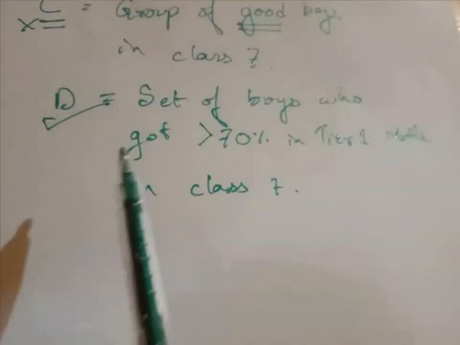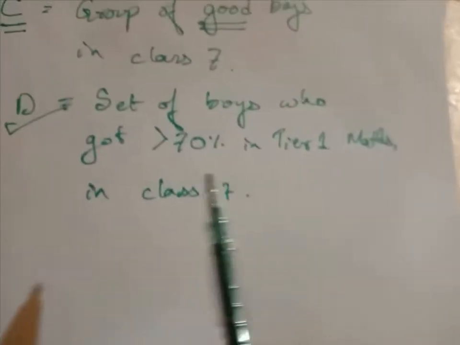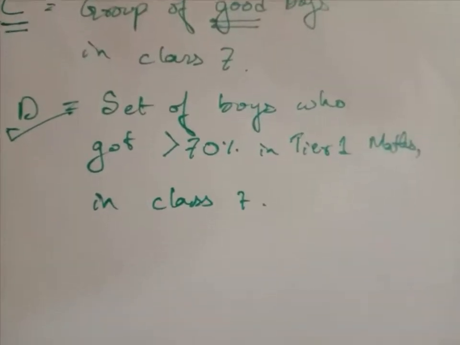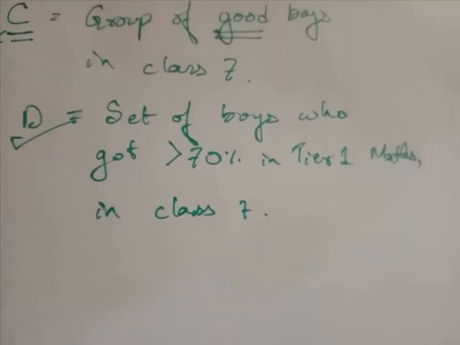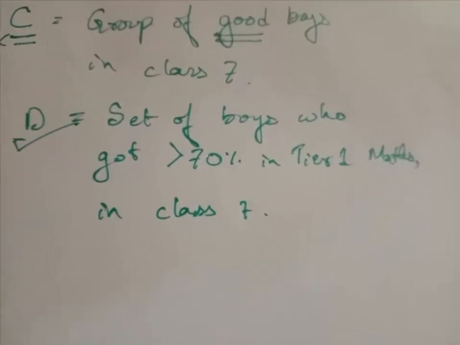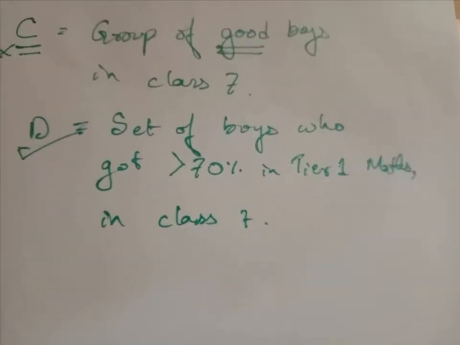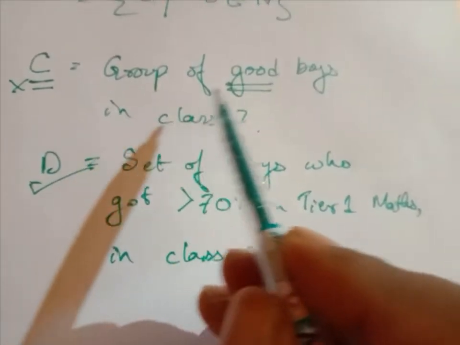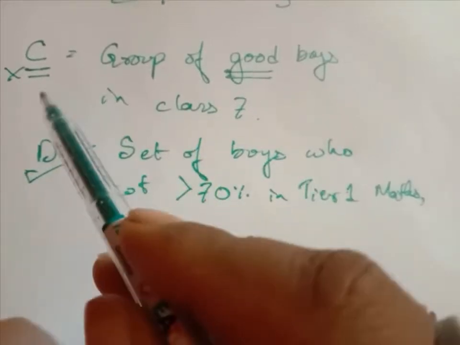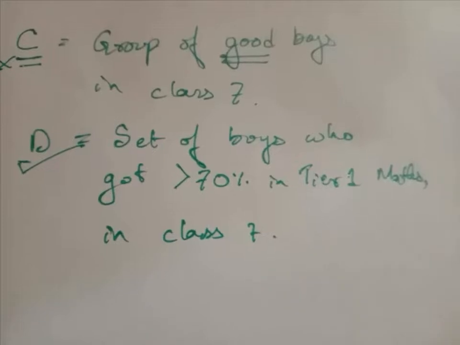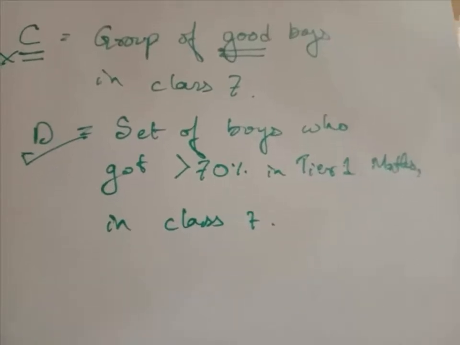Why? Because we can easily count all the members of this set. How many boys got more than 70% in tier 1 exam? We can easily count that. And we can easily identify each member of this group. So something which is not well defined cannot be called a set. Something which is well defined can be called a set.